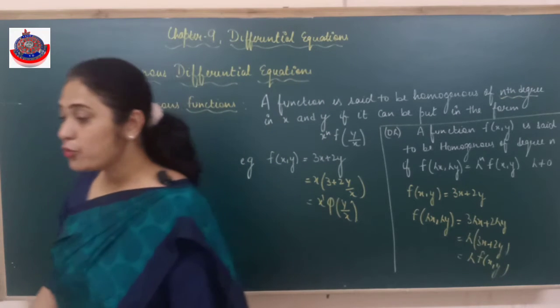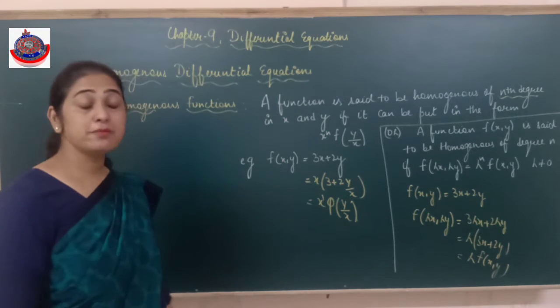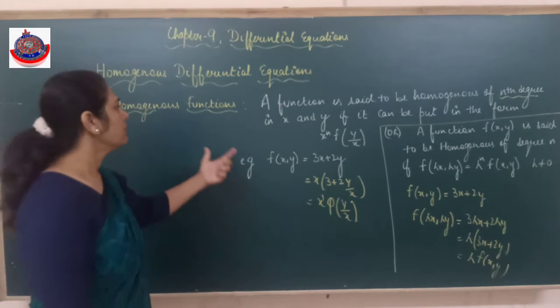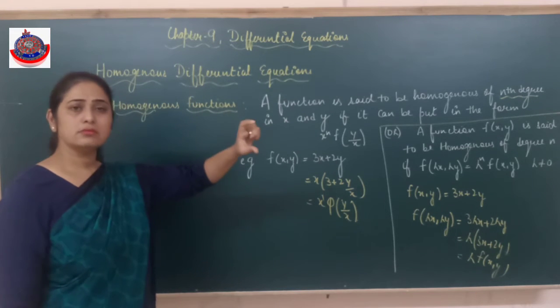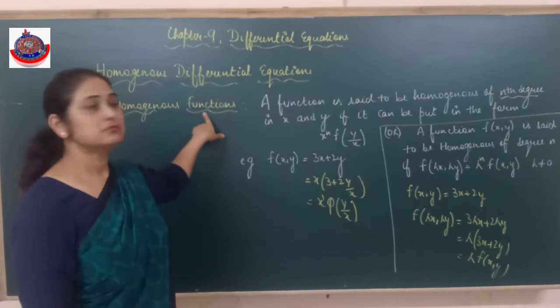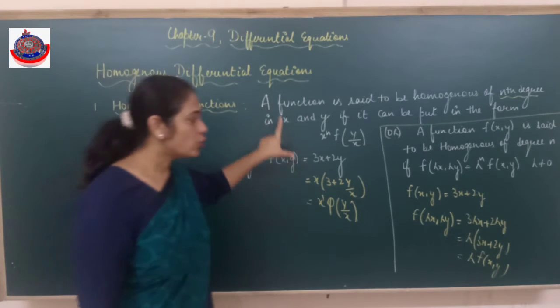I hope homogeneous function is clear to everyone. Now, because we are concerned with homogeneous equations, a differential equation is said to be a homogeneous equation if it has homogeneous functions in it. I'll write the definition.